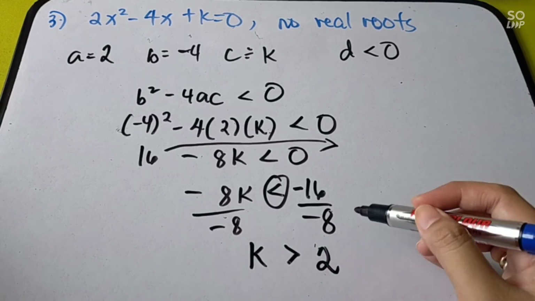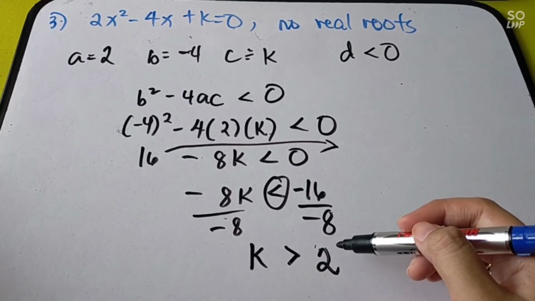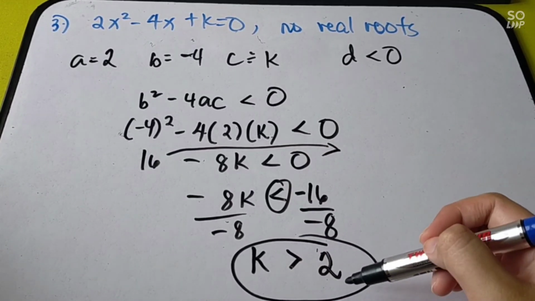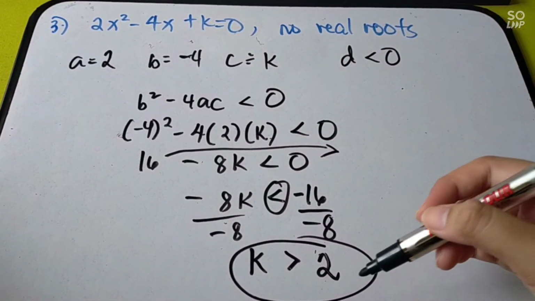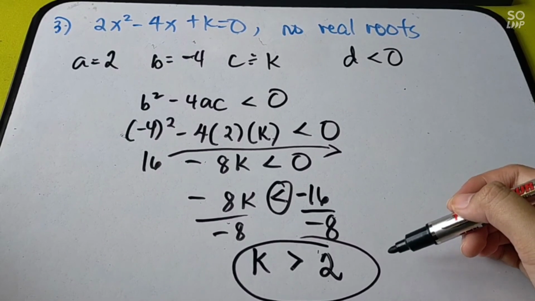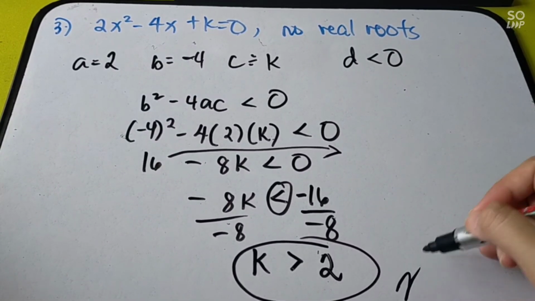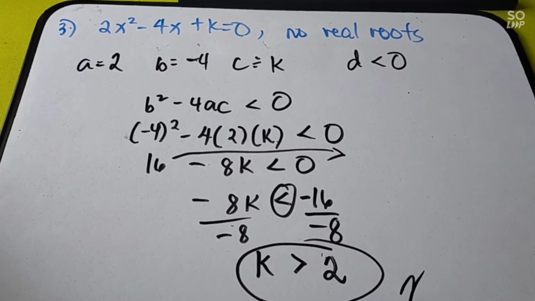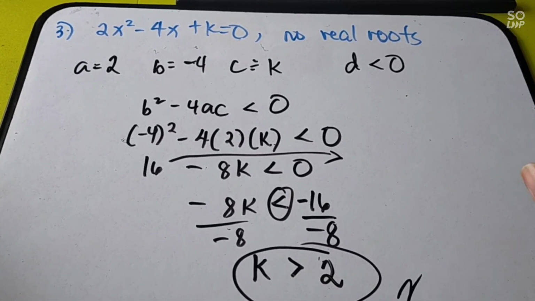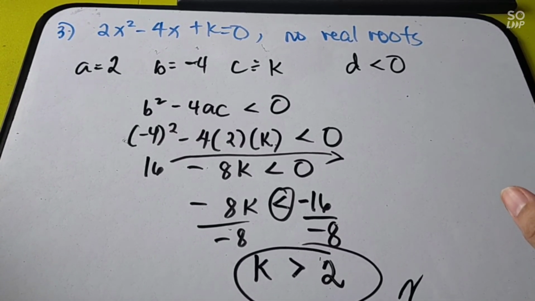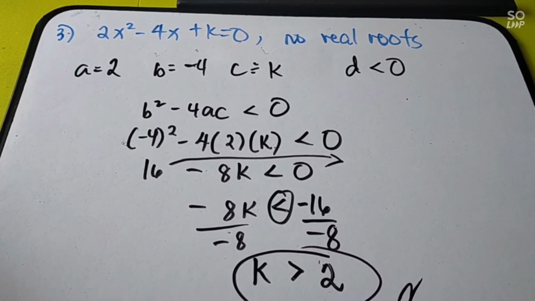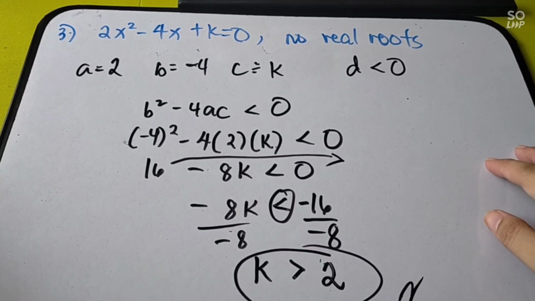The answer is 2. That is it. So, meaning, kailangan lahat na ilalagay nyo dun sa k must be greater than positive 2. Is it clear? So, that is how will you find for k if there is a missing term in quadratic equation and then your given is nature of the roots.